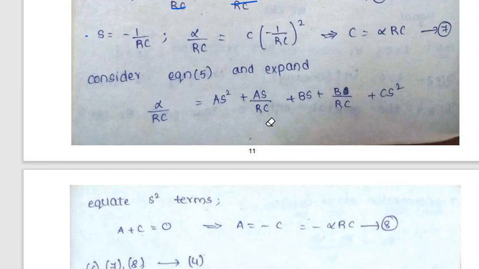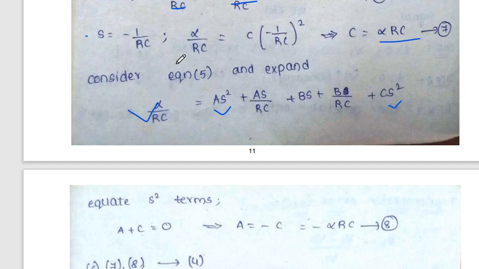Now equate the S square terms to 0. There are two S square terms on the right side, AS square and CS square, and there is no S square term on the left side. Therefore A plus C is equal to 0, so A is equal to minus C. We already know the value of C, that is alpha RC. Therefore A is equal to minus alpha into RC. That is equation number 8.